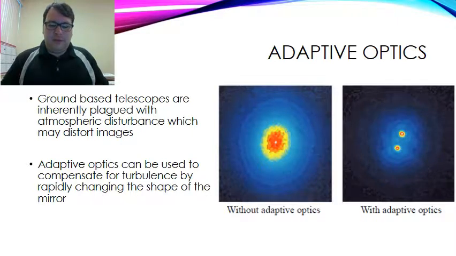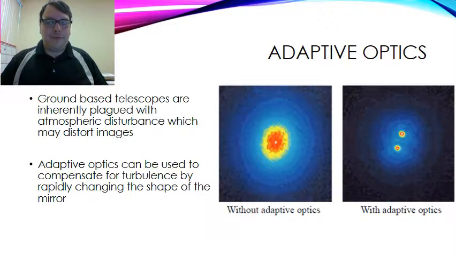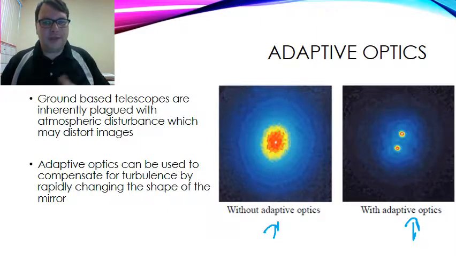That being said, we take a series of smaller, shorter images, and we're compiling this data together and then analyzing where all of our hotspots are occurring. The hotspots in this case would be stars. And then the adaptive optics, as a computer program, will compile data so that instead of having an image like this one, we will actually get an image like this one. So instead of a blob, we may actually be able to see our binary system.